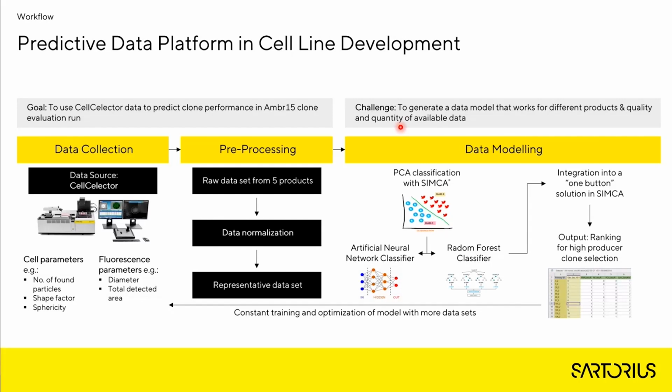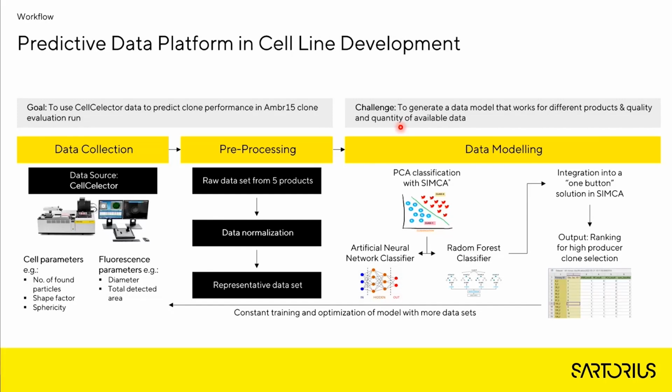And the goal here was to use cell selector data to be able to predict clones and identify clones which have a better performance and are considered as high producers in AMBER 15 evaluation run.